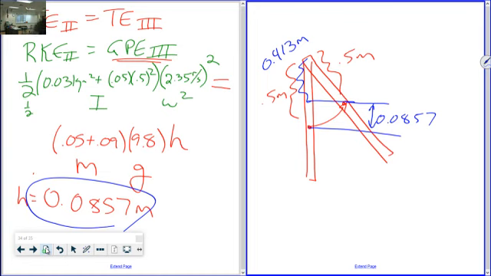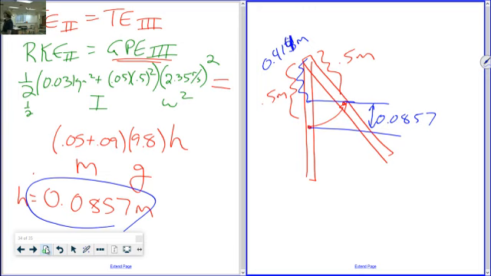That's not right. What did I do? Let me grab a calculator. Oh, yeah, that's right. I see. 0.414. I was right the first time.